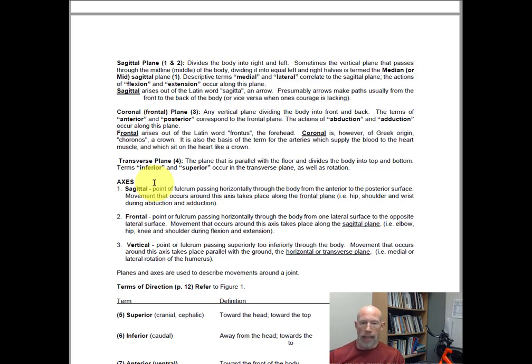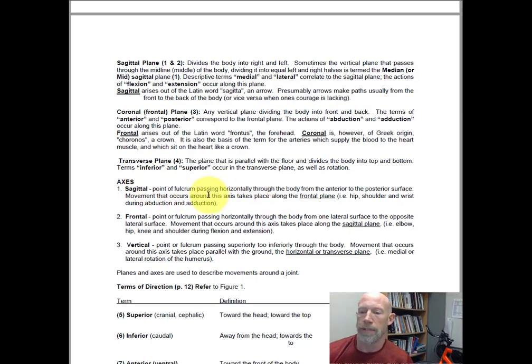Again, as with the cardinal or primary planes, we have corresponding axes. Each one corresponds with one of the planes.